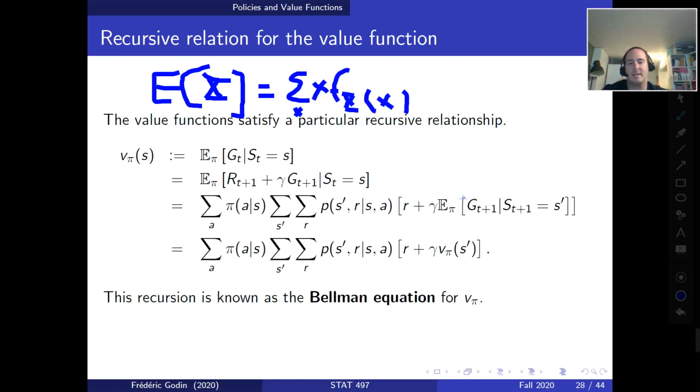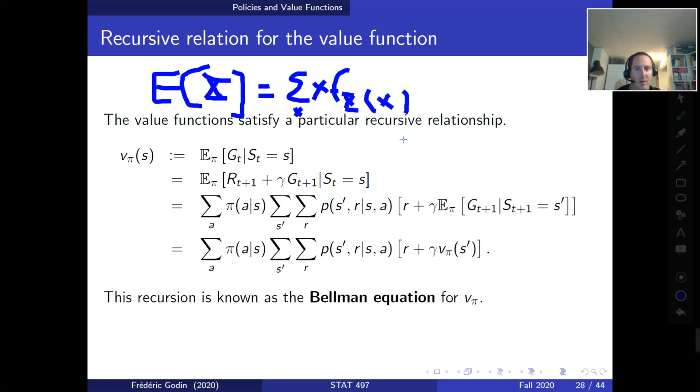So here it's exactly that. To take the expectation of the next reward plus the next expected return, we take all possibilities: all possibilities of actions, all possibilities of next states, all possibilities of rewards. Here this gives the weights.